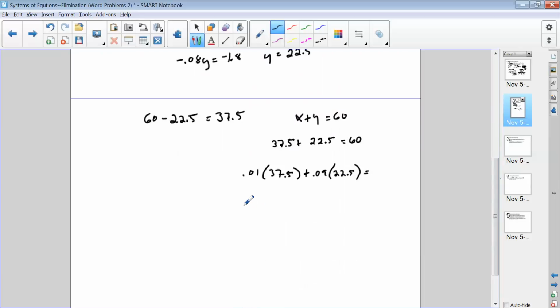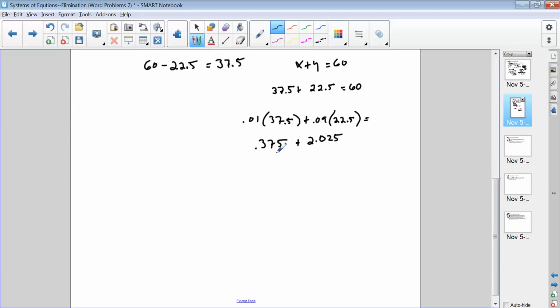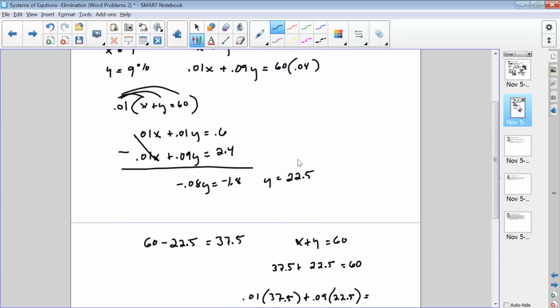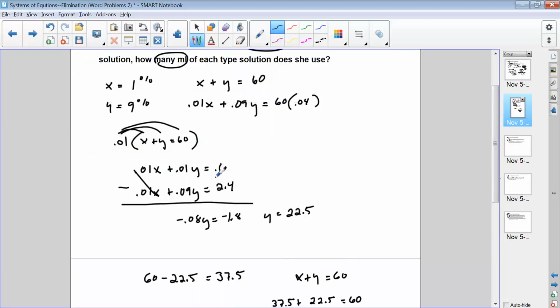So if you go ahead and do the multiplication, we get 375 thousandths, and 9/100ths times 22.5 gives 2 25/100ths, and when you add those together, you get 2.4, 2 4/10, which is what we said we would get up here.